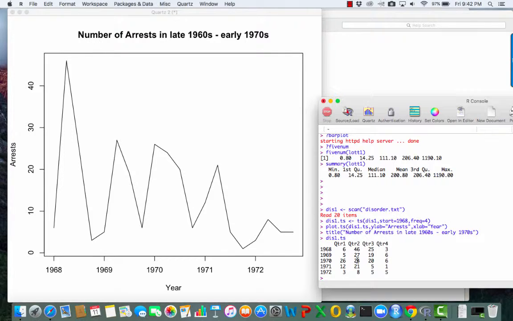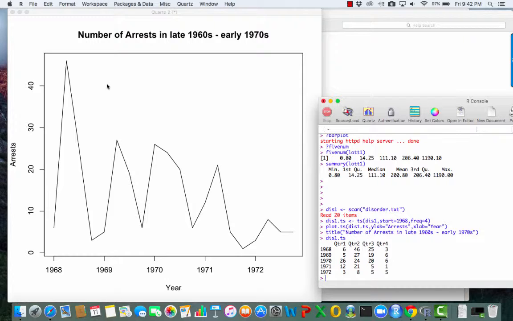In '71, there was another peak, a lot more protests for the Vietnam War, and then things just kind of dropped off after that. But second quarter of '68, that was the big thing. So yeah, that was pretty intense at that point in time. I just thought that was very interesting.